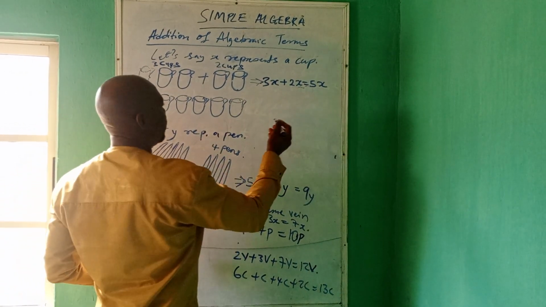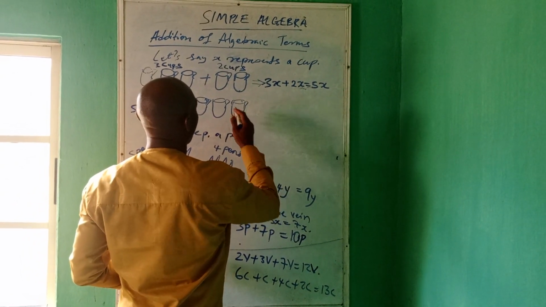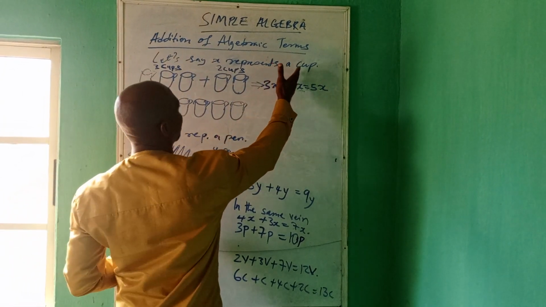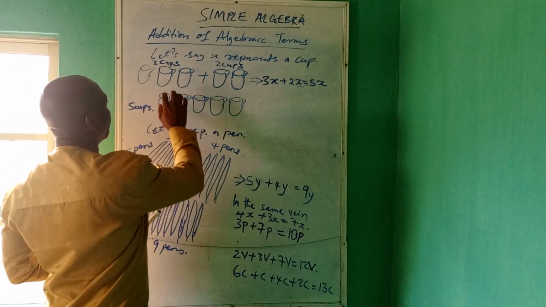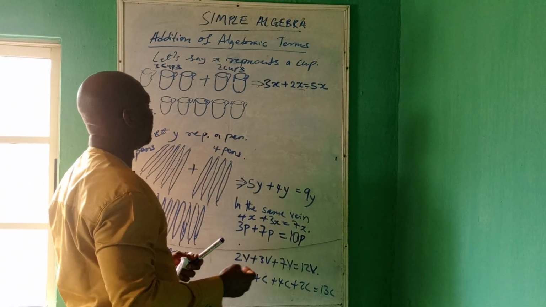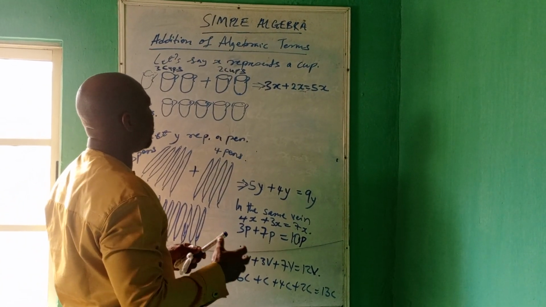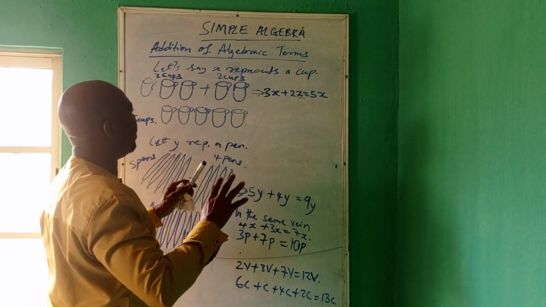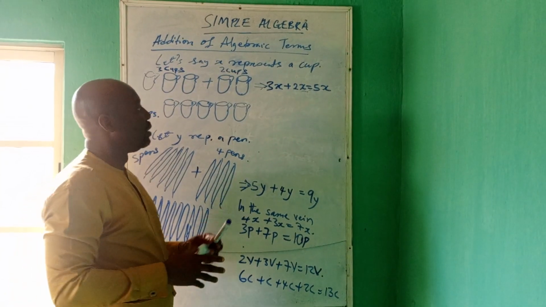For instance, something like your cup here, we say let X represent a cup. That means in place of your cup, we shall be having X. So now we are going to be dealing with how to add algebraic terms.